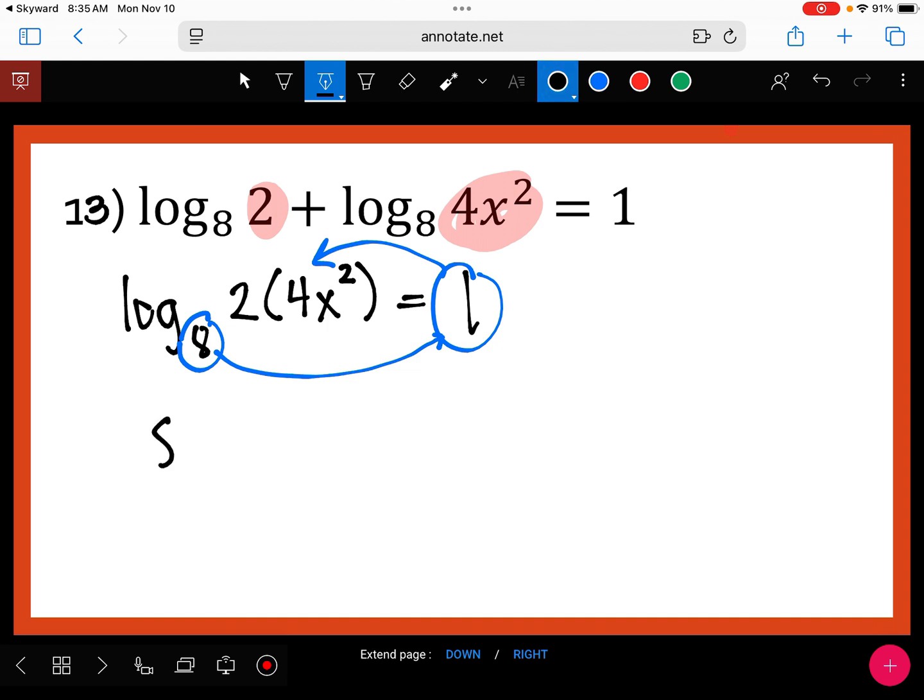So that would be 8 to the first equals 2 times 4x squared.